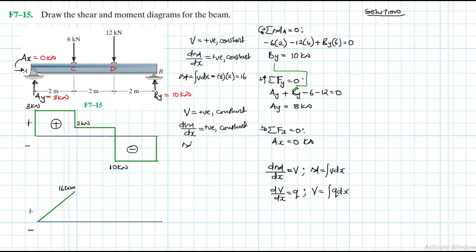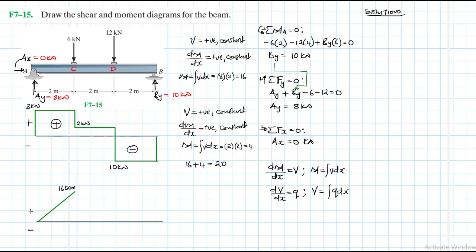The magnitude of our moment is the area under the shear diagram, which is 2 times 2, equal to 4. You need to know where you're coming from. There is an initial value, which is 16. So the two will interact. They are both positive, so it's 16 plus 4, which gives us 20.